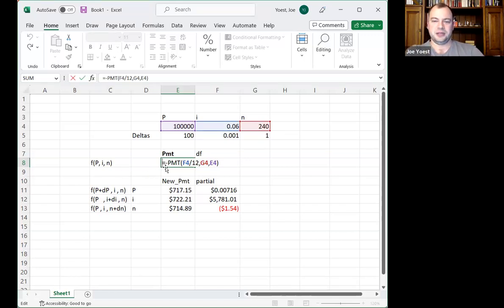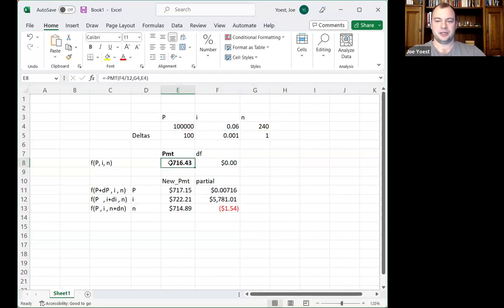So the payment you can get using this Excel function, minus payment of the interest rate over 12, so 0.06 over 12, to change it from an annual to a monthly interest rate, number of periods of 240 months, and the so-called present value, the value of the loan today, the amount of money they're going to give you today in the present, is 100,000.